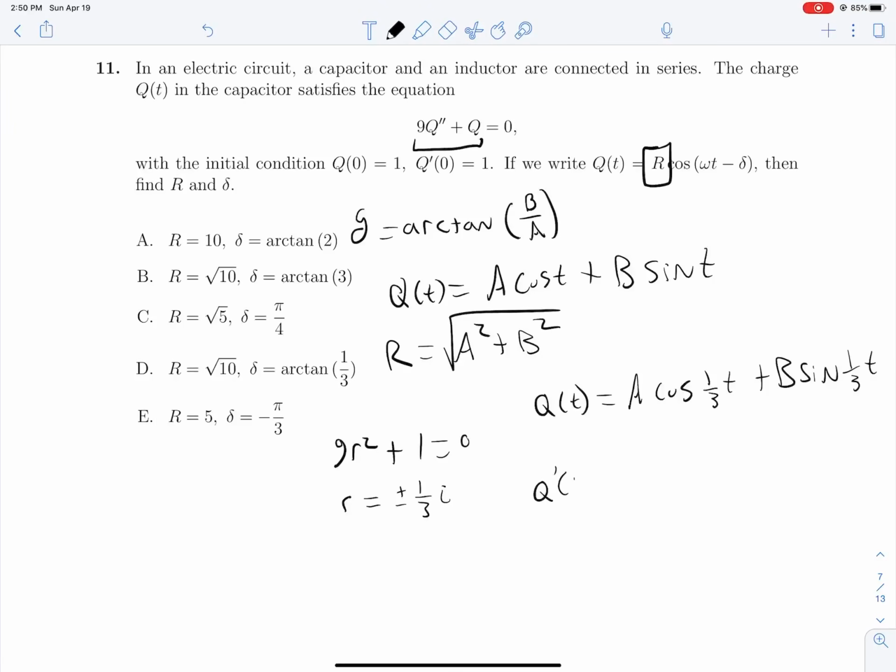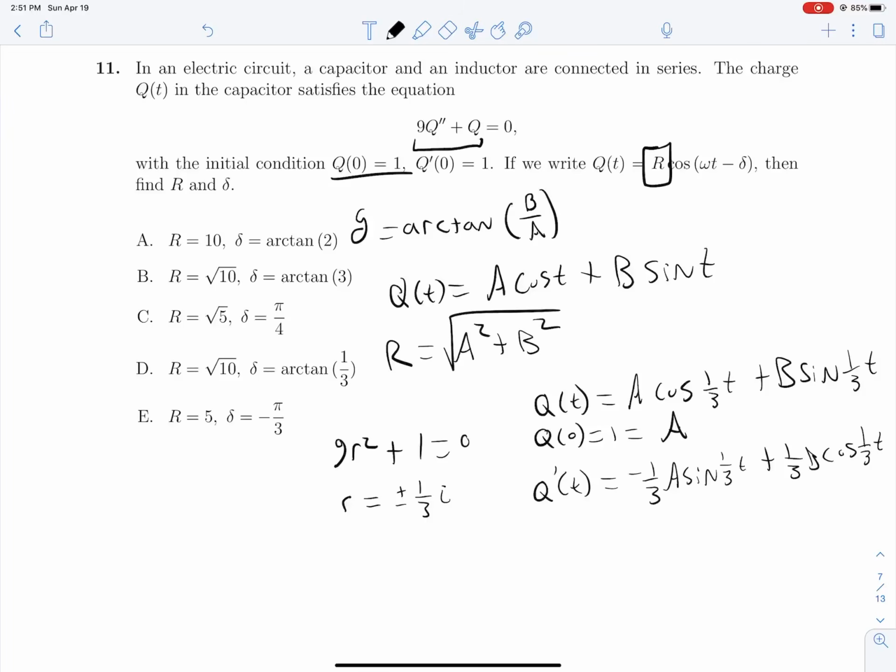Finding Q prime of t will give us negative 1/3 A sine 1/3 t plus 1/3 B cosine 1/3 t. And from here, we can use the fact that Q at 0 is equal to 1. Q at 0 is equal to 1, and that will be equal to A, because our sine term will go to 0 and our cosine term will go to 1A.